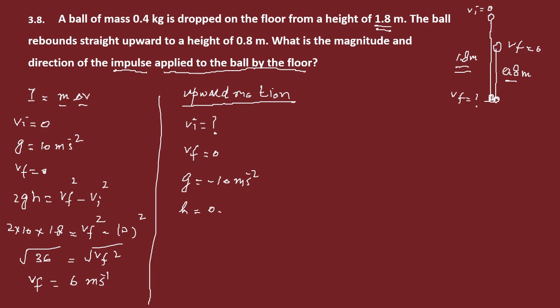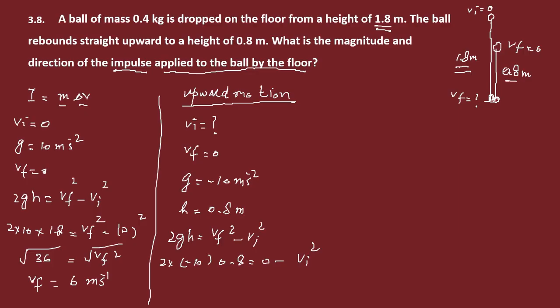Now putting these values again in the third equation of motion, we get 2gh equals Vf squared minus Vi squared. The value of g is negative 10 and the height is 0.8, Vf is 0 and Vi squared we will have to calculate.